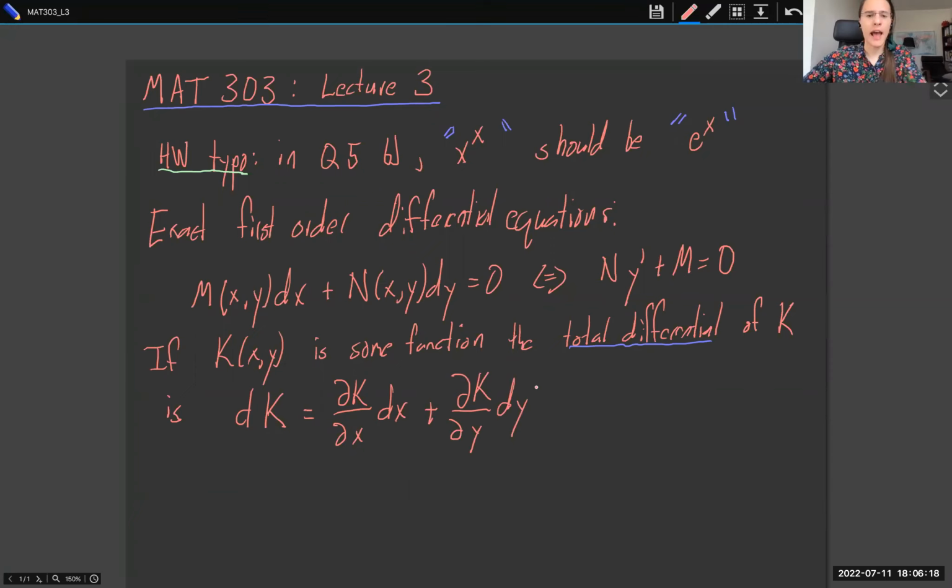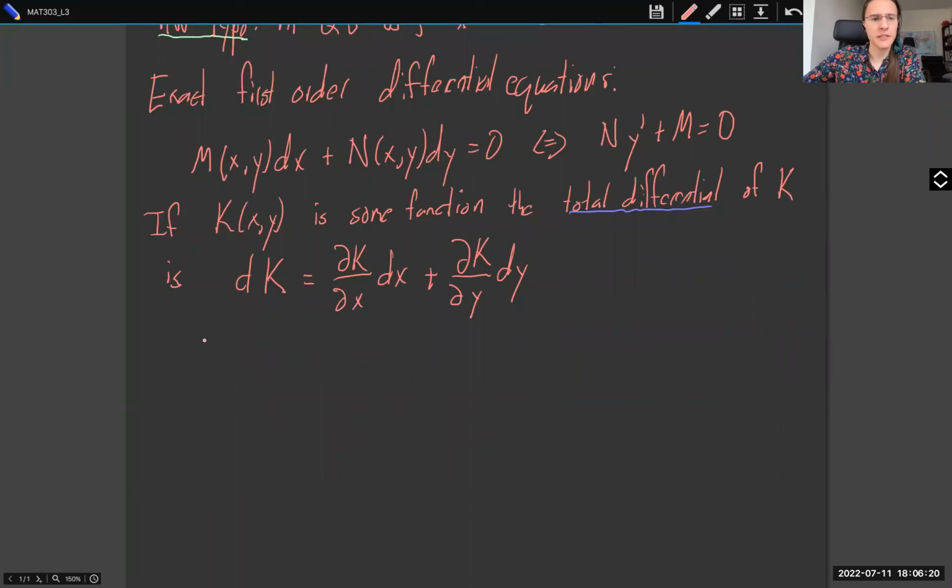And partial derivative means differentiating with respect to x, treating y as a constant.